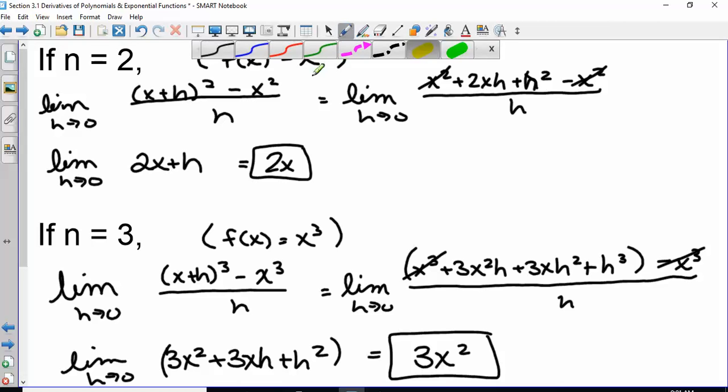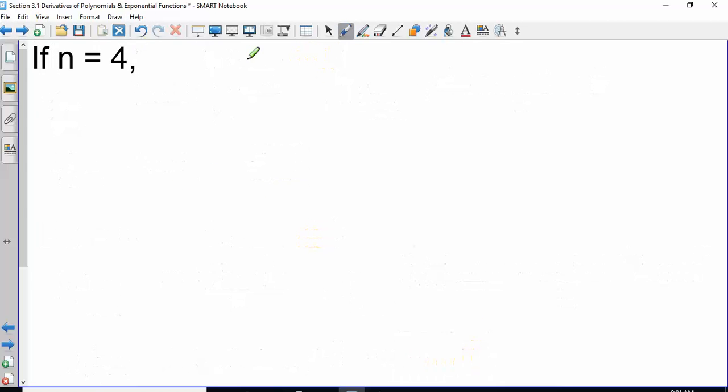So, the derivative of x squared is 2x. The derivative of x cubed is 3x squared. Does anyone want to make a guess at what the derivative of x to the fourth would be? 4x cubed or something. So let's check it. So we think this is going to be 4x cubed.